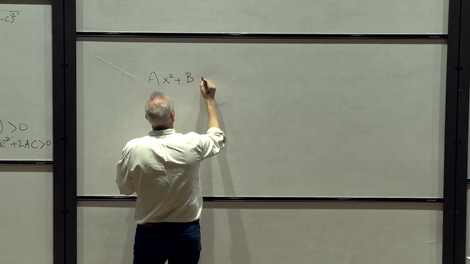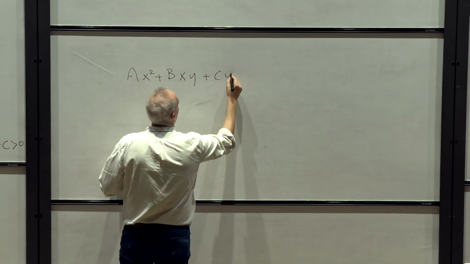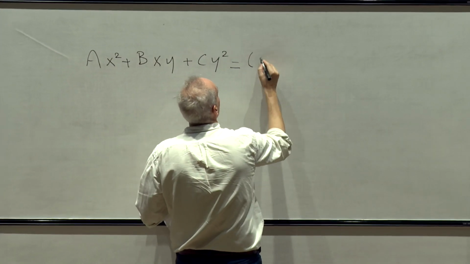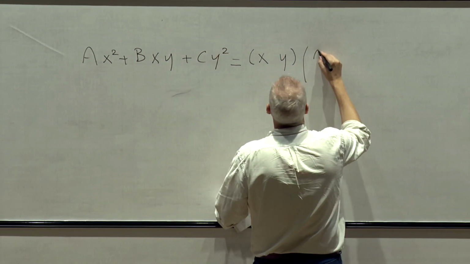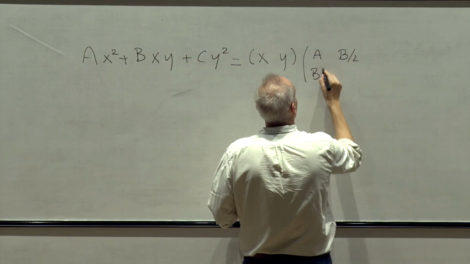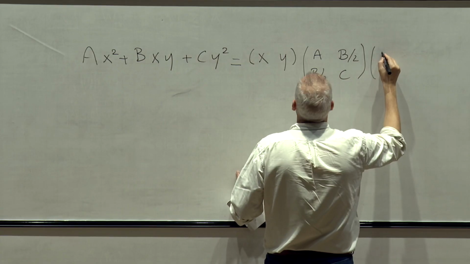So if I take ax squared plus bxy plus cy squared, I can rewrite that in terms of a matrix as (x y) times the matrix A, B over 2, B over 2, C, times (x y).